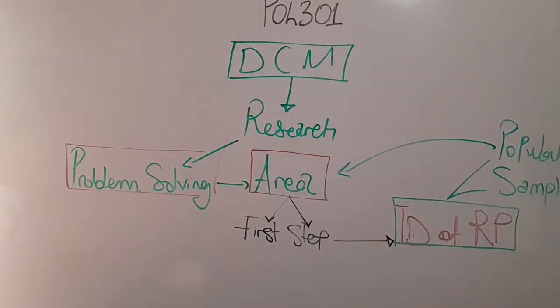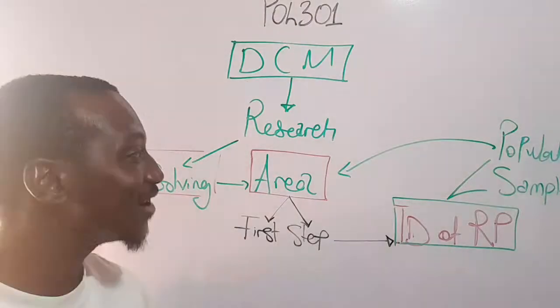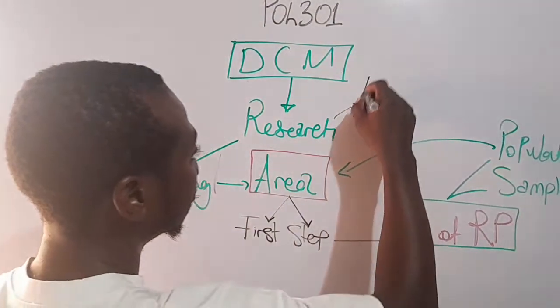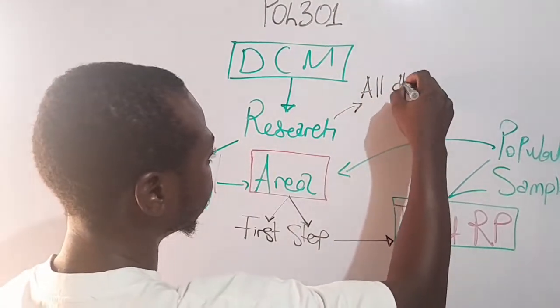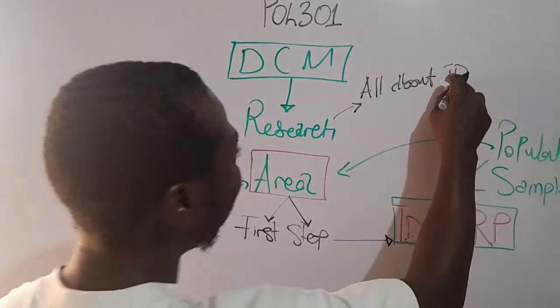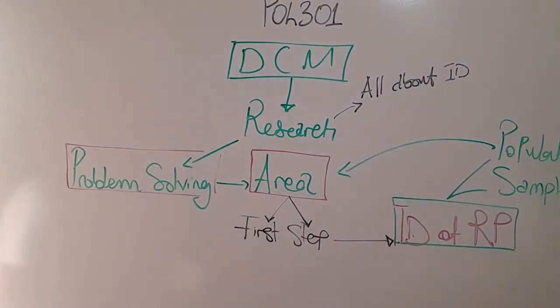Now, like I've explained, research is all about identifying problem areas in a population. It's all about what? Identifying. Research is all about identifying problem areas in a population.